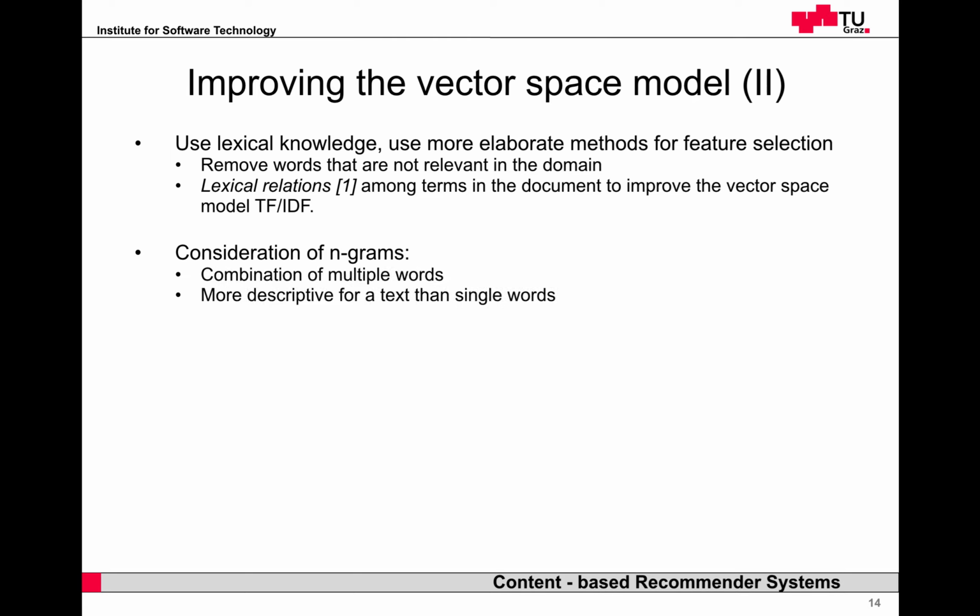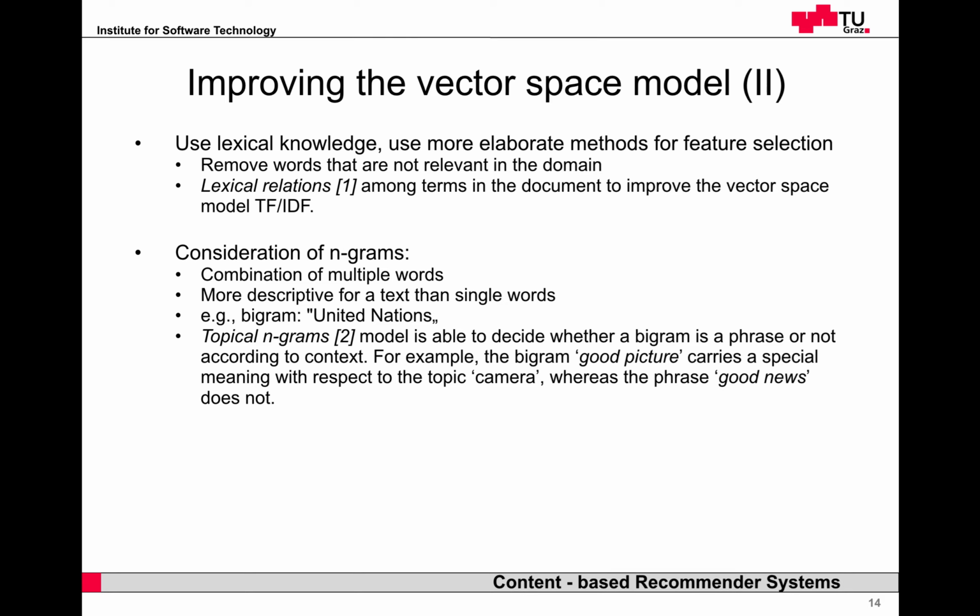For instance, a topical n-gram model can be used to model topics from documents. The topical n-gram model is able to decide whether a bigram is a phrase or not according to the context. For instance, in the camera domain, the bigram good picture is detected to carry a special meaning, which is really related to the camera topic, whereas the bigram good news does not relate to the camera topic.